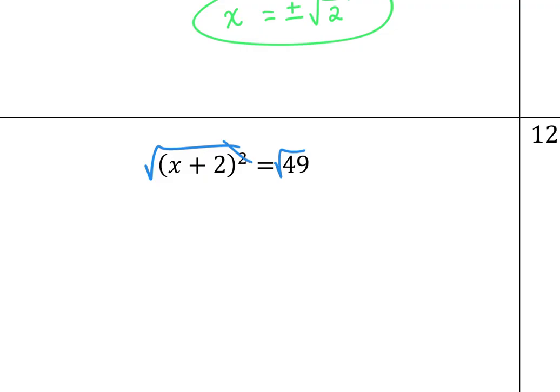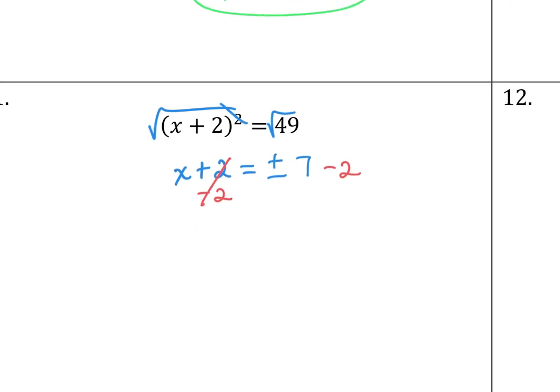So we've taken that square root, so I'm left with now just what's in the grouping symbol. X plus 2 equals, the square root of 49 is perfect, so positive and negative 7. So now, all I have to do to get x by itself is subtract the 2, but when you subtract the 2, you have to subtract it from the positive and the negative root.